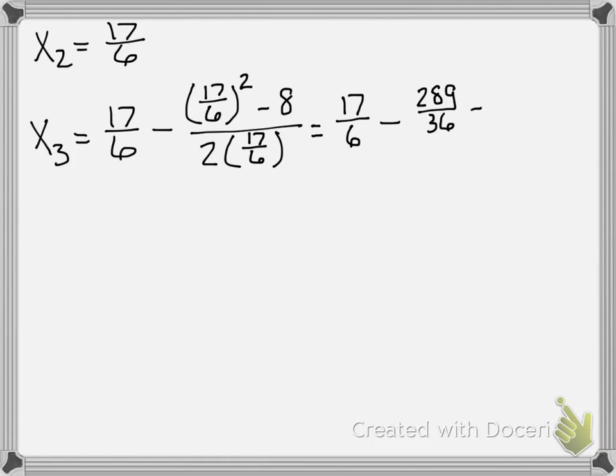Minus 8. So basically you just multiply 8 by 36, and that's going to give us 288 over 36. It's going to be all over 34 over 6.